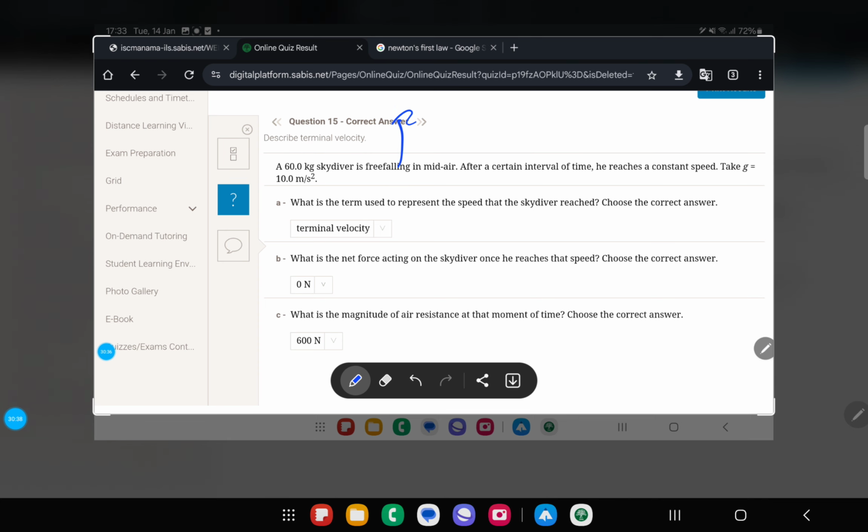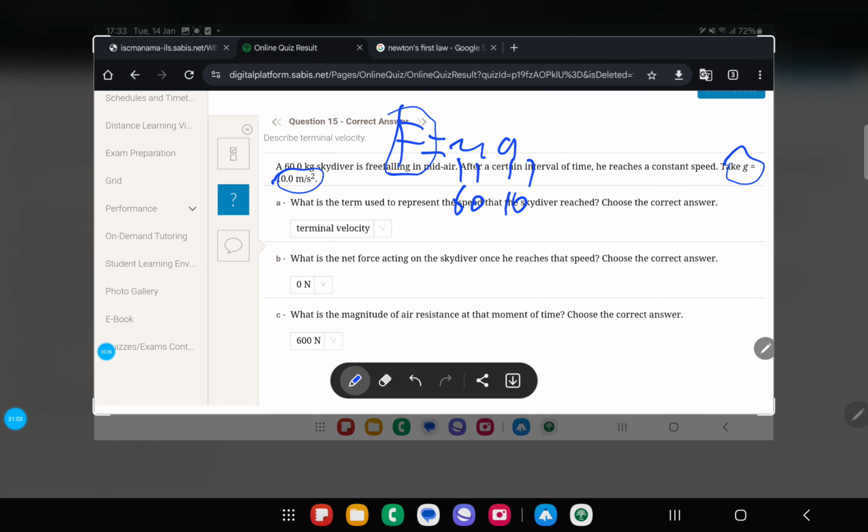Okay, we can use F equals ma to find this. They want force. We're given mass and acceleration. Mass is 60 kilogram and acceleration is 10 meter per second squared. Look, guys, I want to tell you something. This is the G, the given one. This is called the gravitational acceleration.